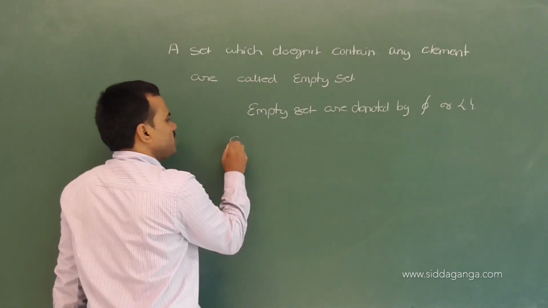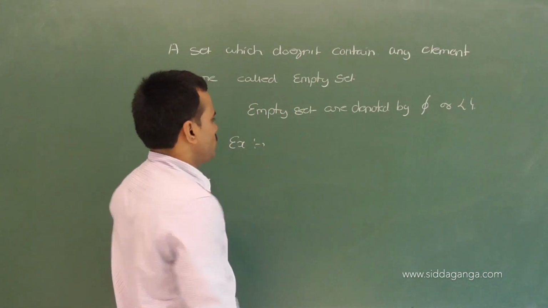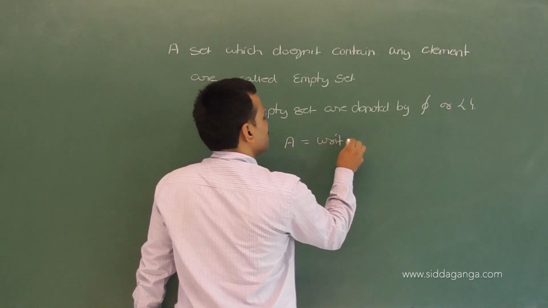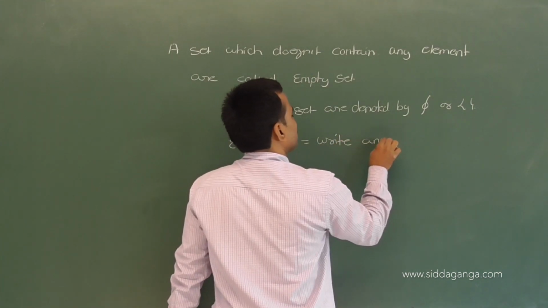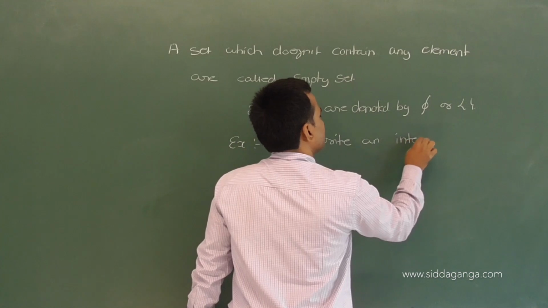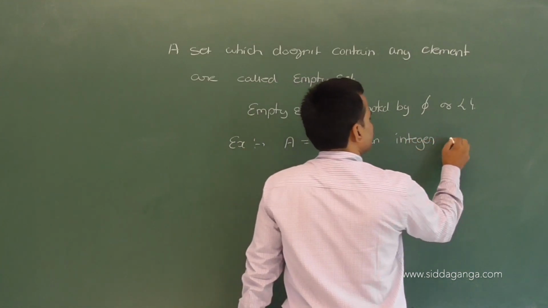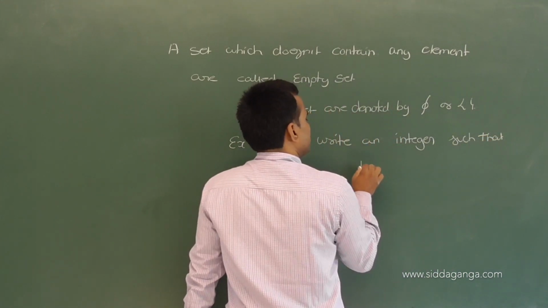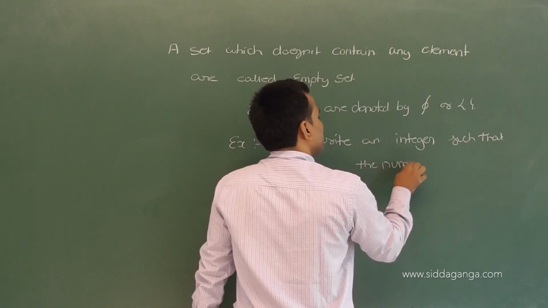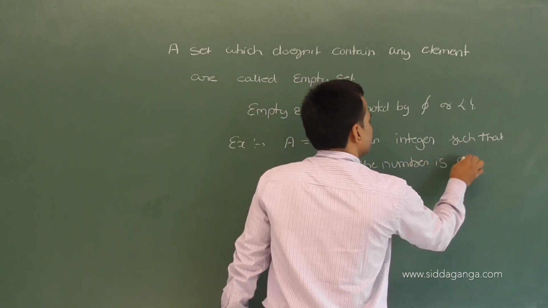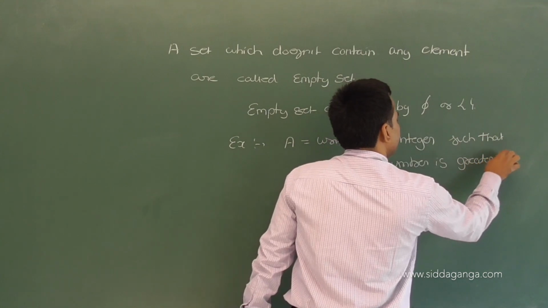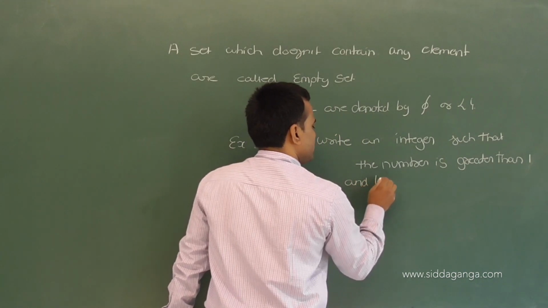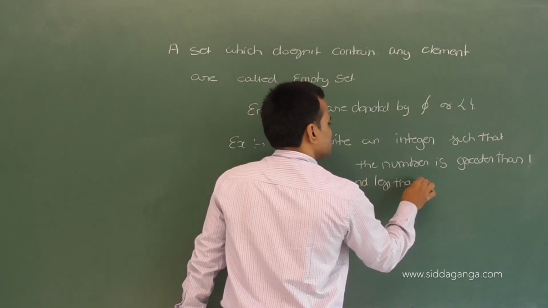If you want an example, write A is equal to an integer such that the number is greater than 1 and less than 0.